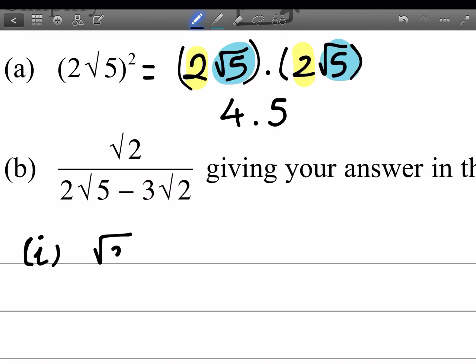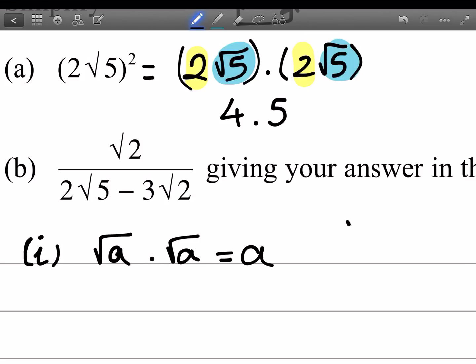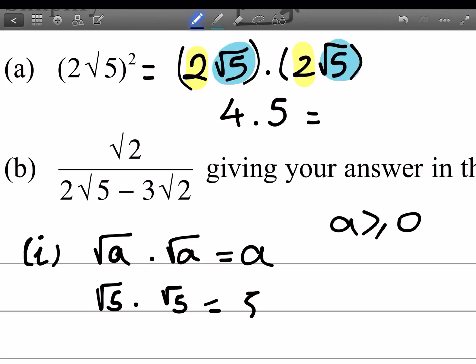For any number a, root a times root a gives us a, where a is greater than or equal to 0. Then if you multiply root 5 by root 5, we get 5, and the answer should be 20. That's the first part.